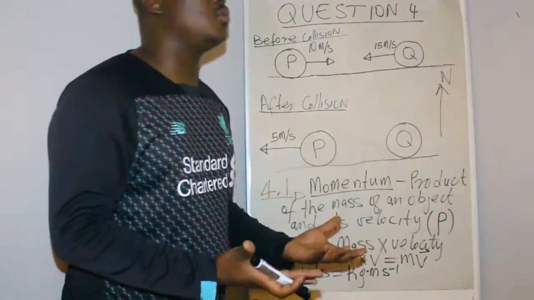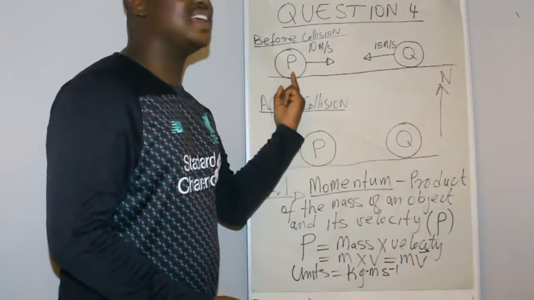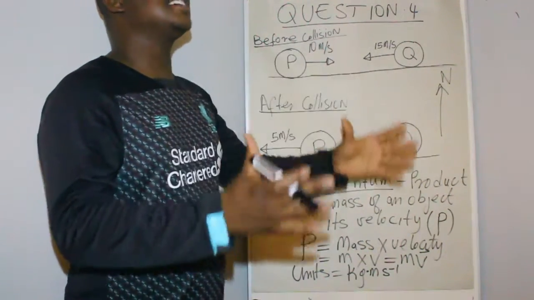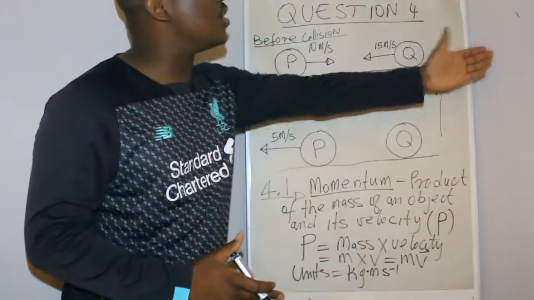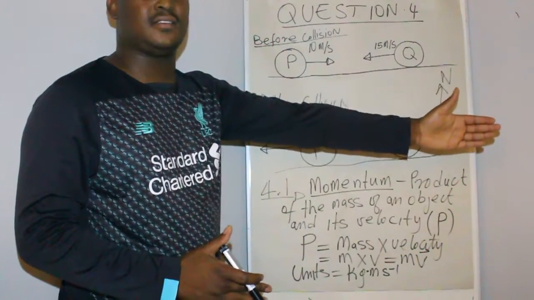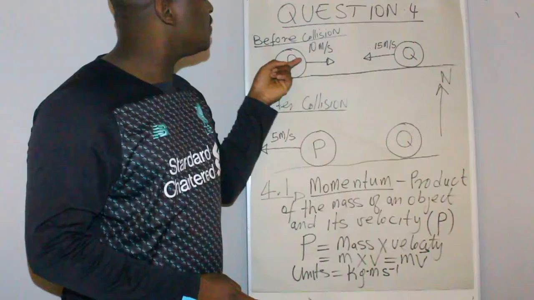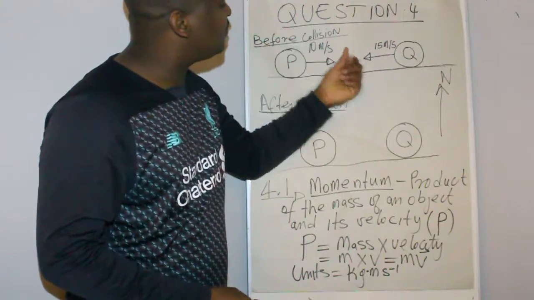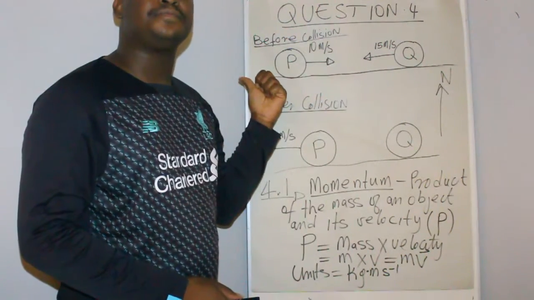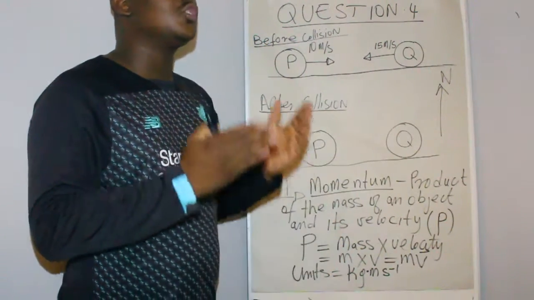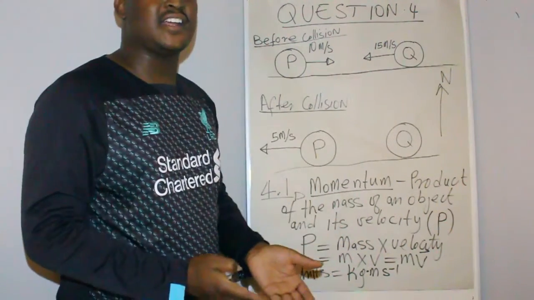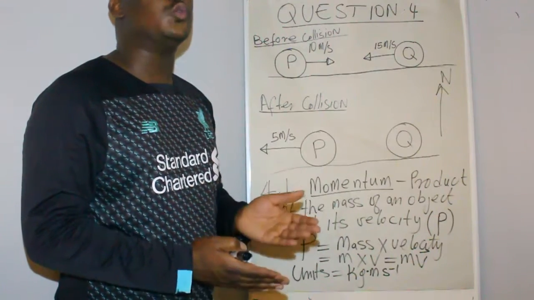So for example, if you're saying P has a negative direction, all the answers of velocity that have a negative sign will mean that it was in that direction of P, which was east. So if this one is negative, then this one will have a positive sign, and vice versa. Choose the direction and stick to that direction when you're doing calculations.